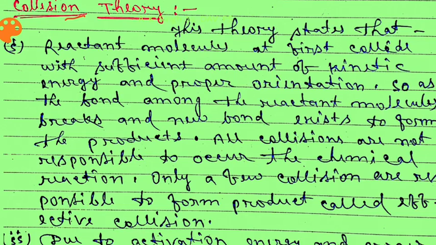This theory states that reactant molecules first collide with a sufficient amount of kinetic energy and proper orientation. If the orientation is not proper, then the chemical reaction does not take place easily.